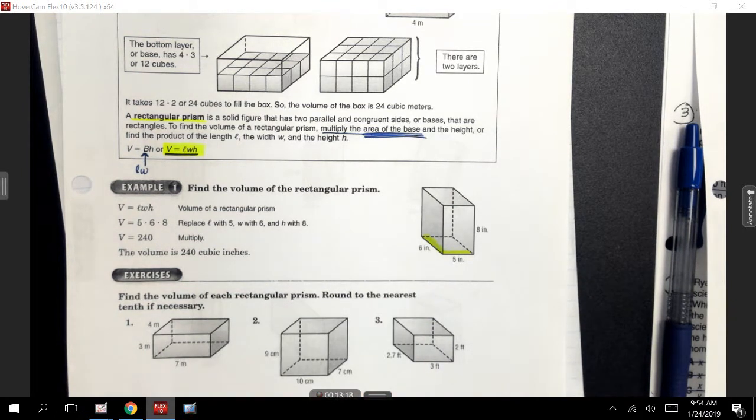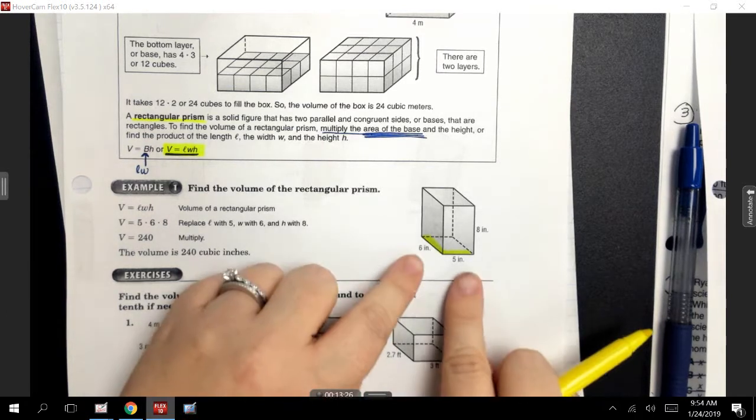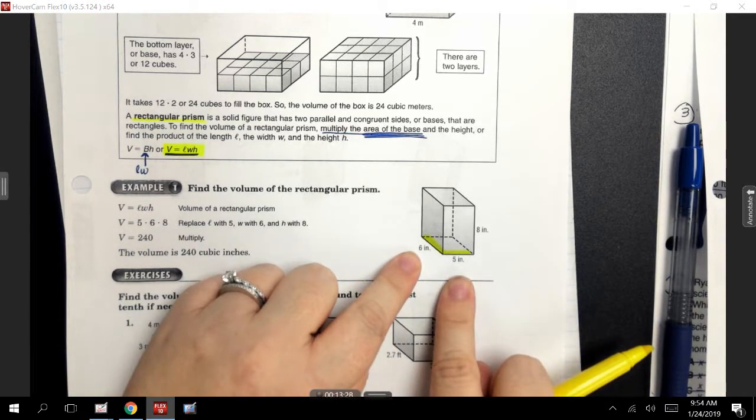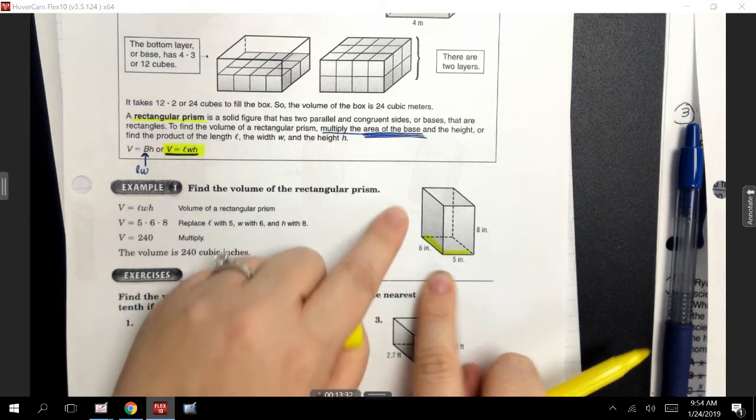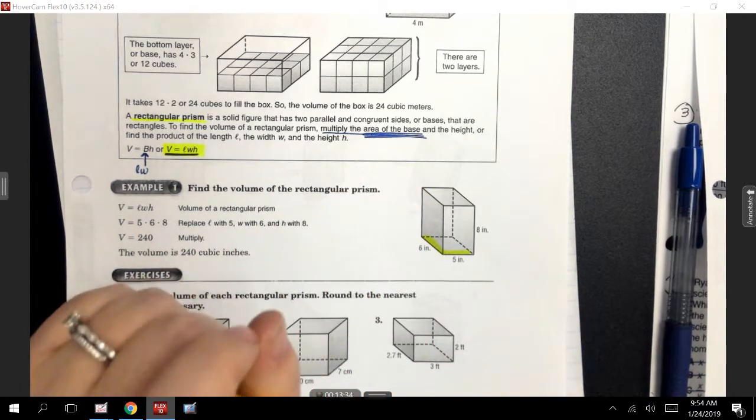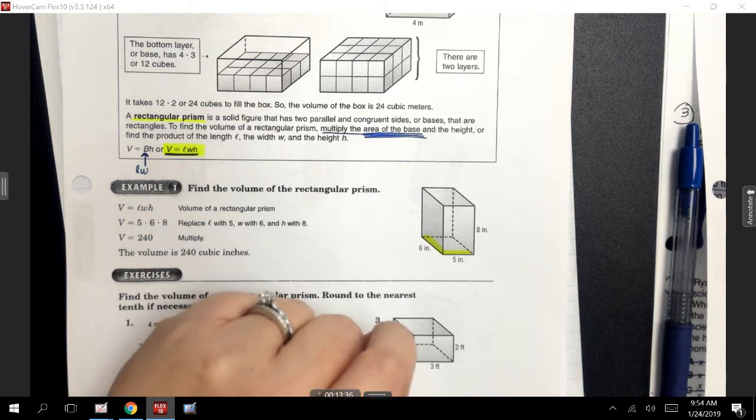Which rectangle is that attached to? Hayden? The top one? 5 and 6, are they on the top? All right, they're not both over here. The 5 and the 6, what rectangle are they attached to, Stone?